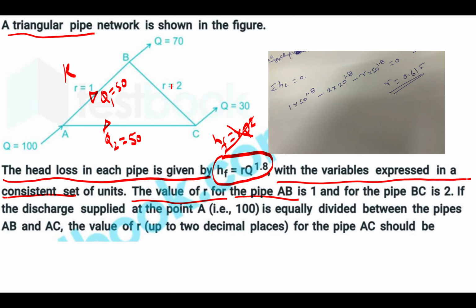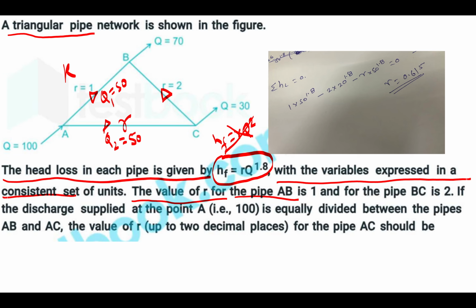So definitely it will go this side, because 50 here leaving 30, then the remaining 20 will go this side. Now the value of R up to 2 decimal places for the pipe AC needs to be calculated. So the R value here is asked about this.